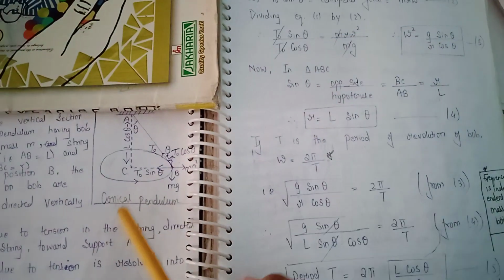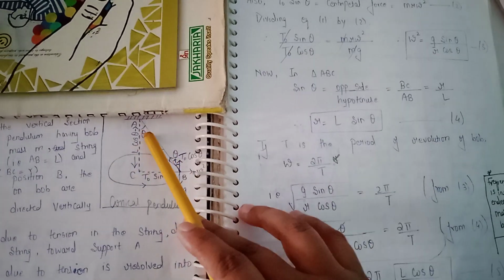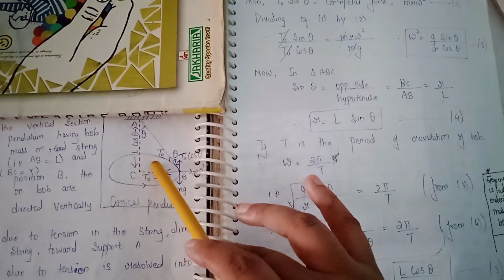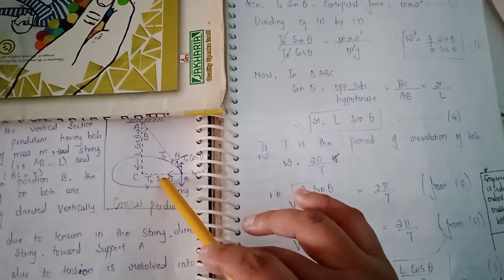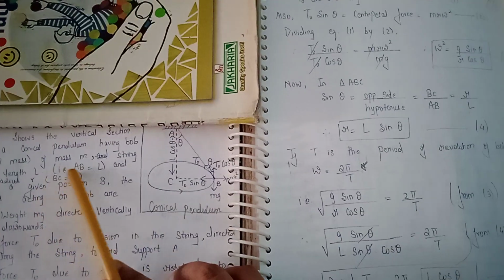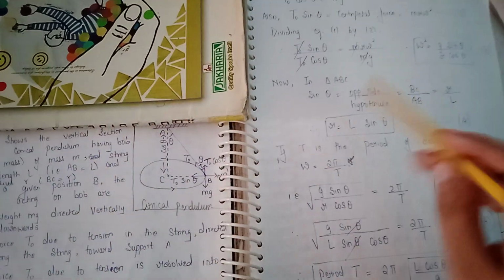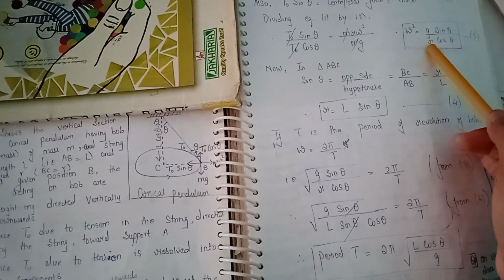Now if you see this figure in triangle ABC, sin theta is opposite upon hypotenuse. Opposite of theta is BC and hypotenuse is AB. So BC is r and AB is L, so you got r as L sin theta. So you are going to substitute the value of r here.